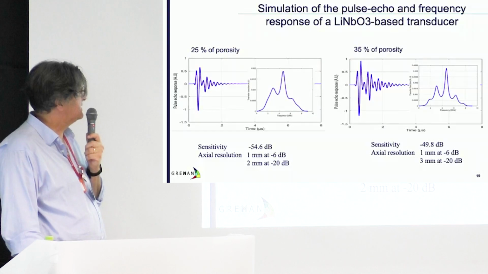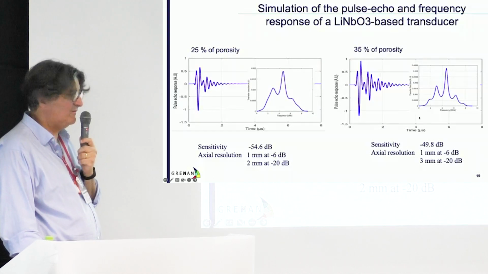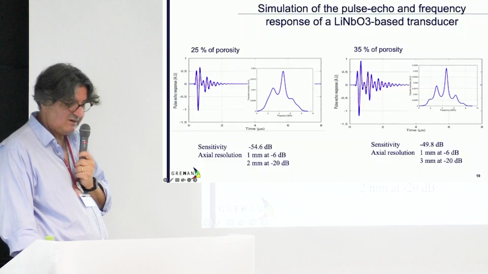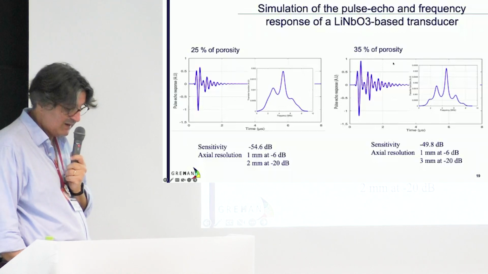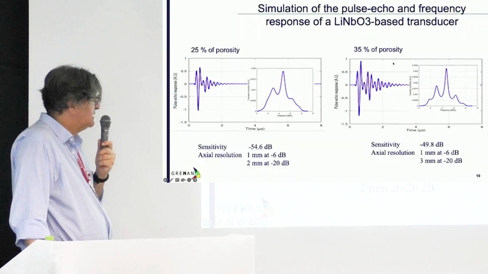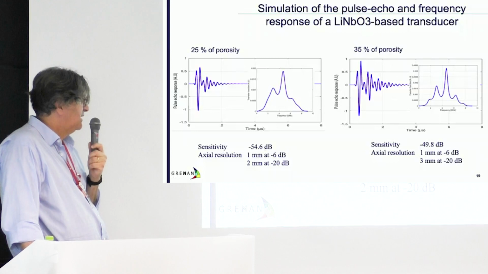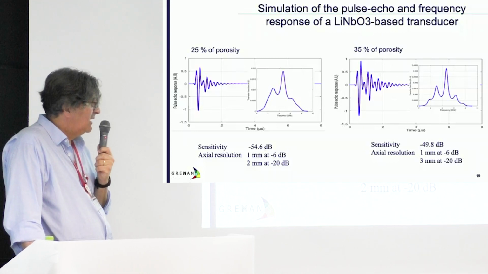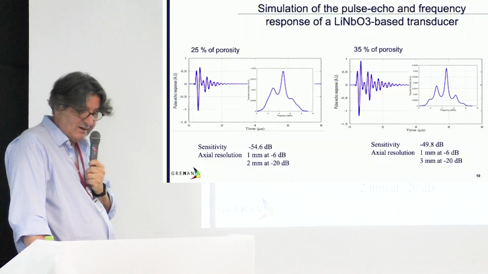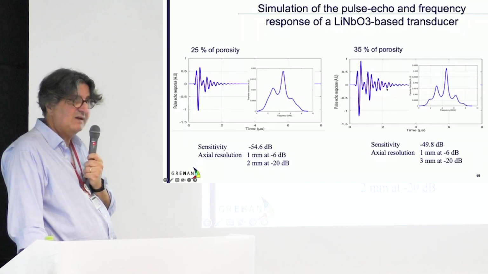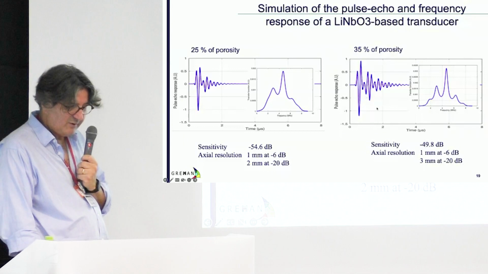Here is, for instance, with the two materials, a simulation of the transducer with 25% porosity and 35% porosity. The predicted sensitivity is minus 54 dB, and an axial resolution of 1 millimeter at minus 6 dB. And for the second case, the 35% porosity, the acoustical impedance is slightly lower, so you have a longer response.